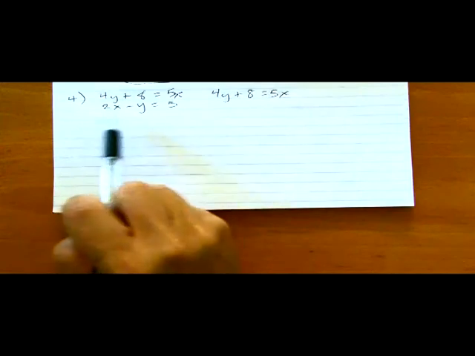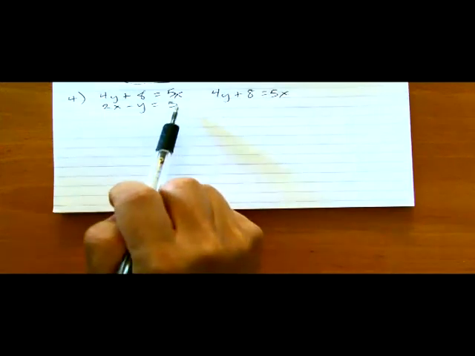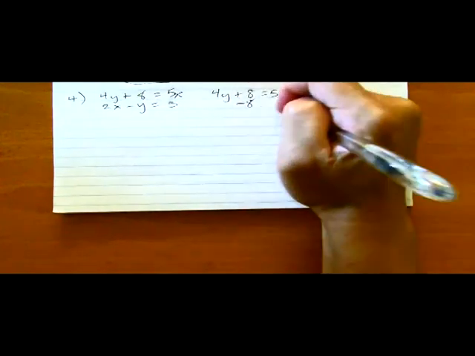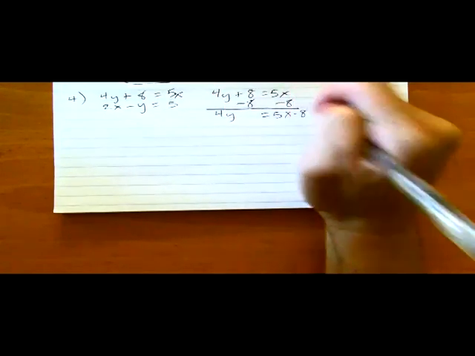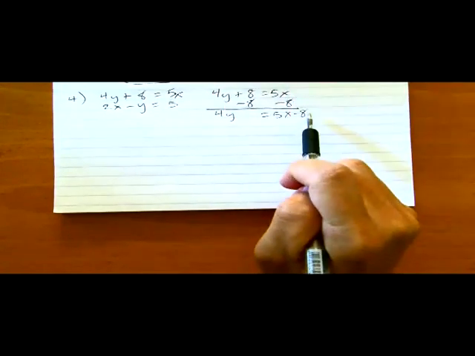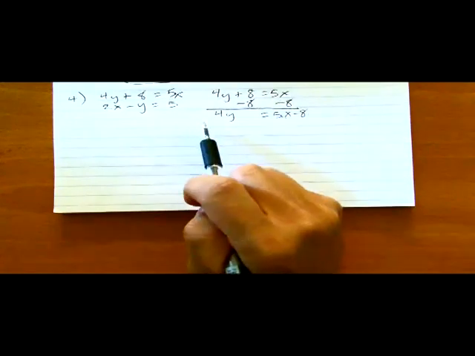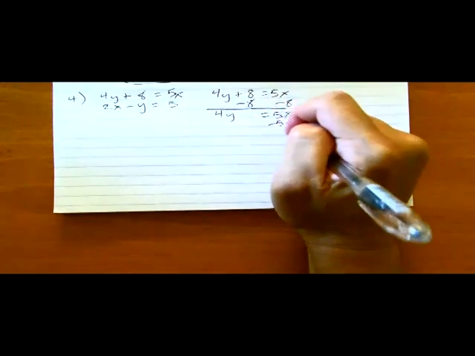Okay, so in order to get the x and y on the same side, I'm going to move the 8 to the other side. So I subtract 8 on both sides. Now I have 4y equals 5x minus 8. So now we have the answer number on the right. All we got to do is get that 5x on the left.